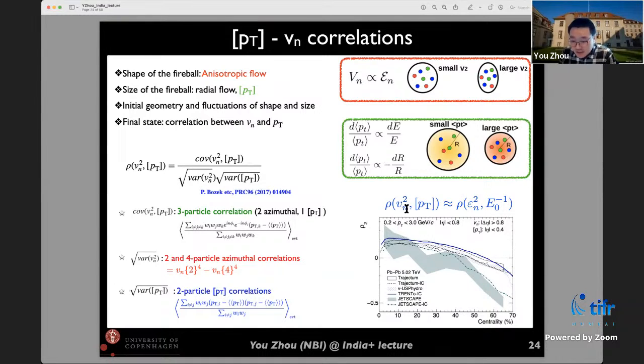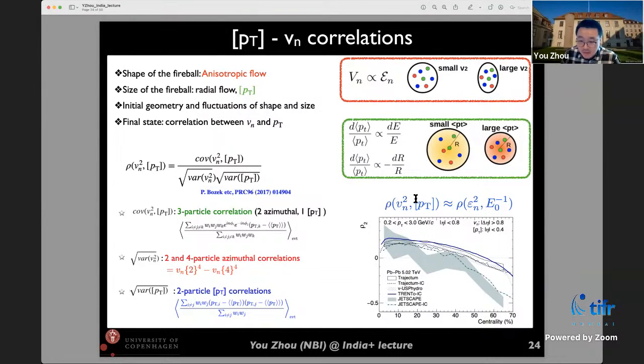Then you would expect that the correlation between vn and mean pT will be the same as the correlation between the initial state eccentricity and the inverse E0. And this has been tested with hydrodynamic models, either using the TRENTo Bayesian calculation, or VUSBHydro, or JETSCAPE hydrodynamic calculations, which basically show that there is very good agreement between the initial state and the final state.